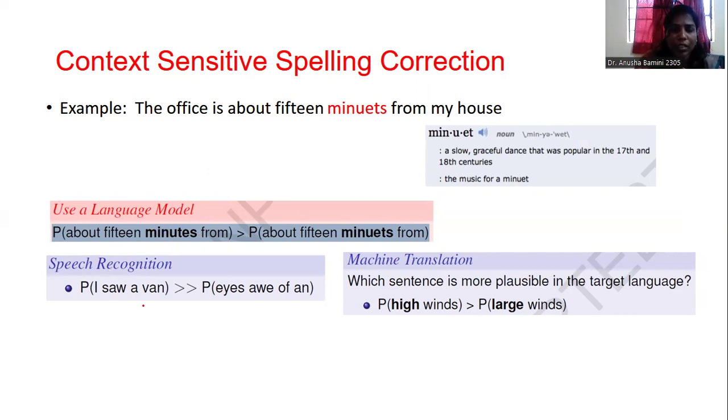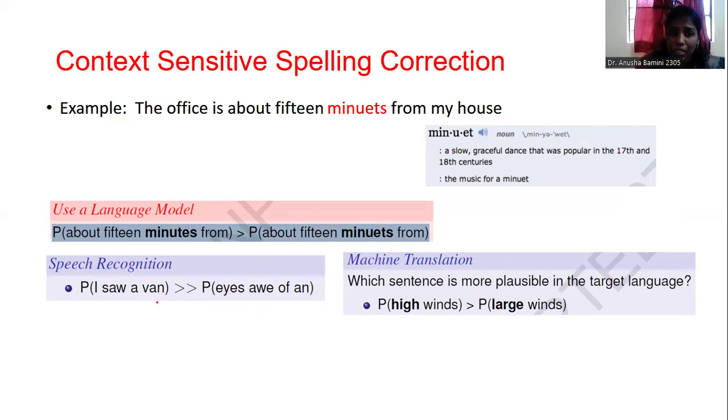Then a similar example is given for speech recognition. When we are using Google Voice Assistant, someone is speaking the sentence, I saw a van. This may also be found by the Google Voice Assistant as eyes of an.